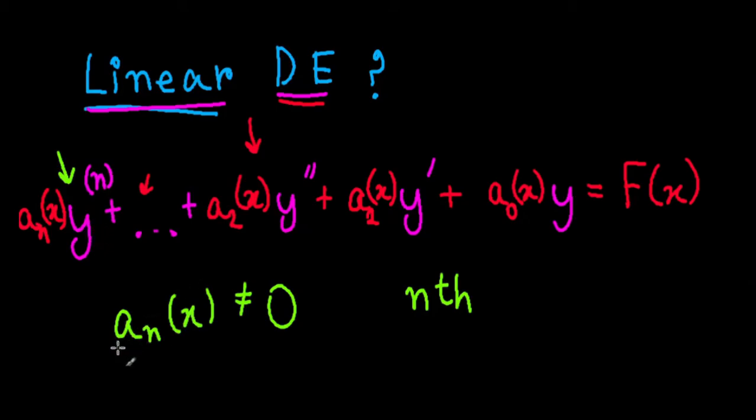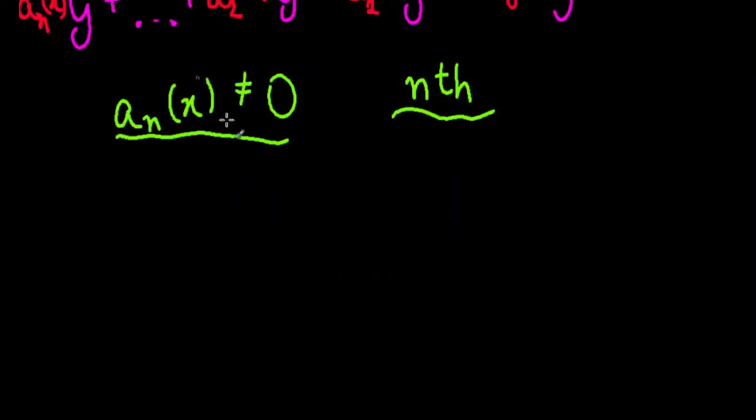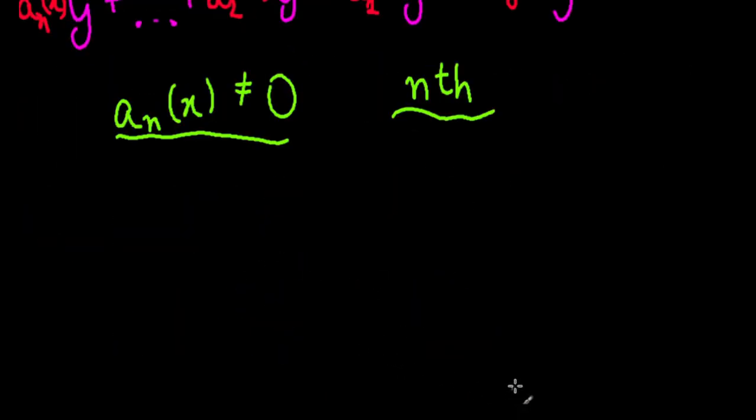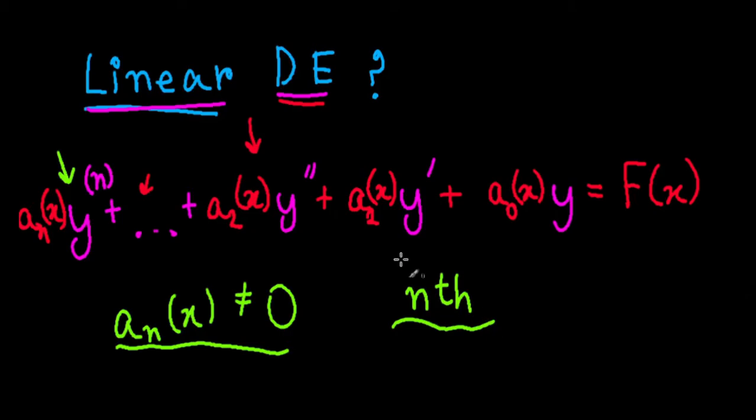This restriction is there so that the leading term cannot disappear if we are to call this an nth order differential equation. You've seen this before with the quadratic formula, where you assumed a is not equal to 0 because it's a quadratic, so your x squared term cannot disappear. Anyway, I'd like to say now that linear differential equations are usually much easier to deal with than non-linear differential equations.